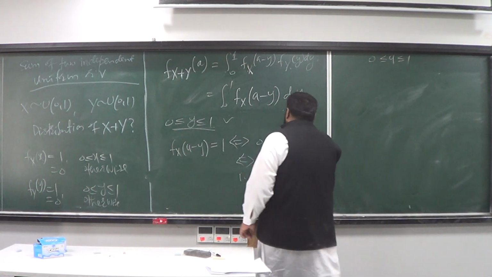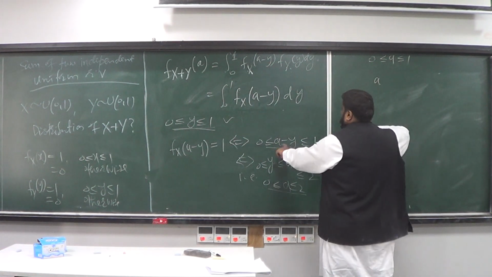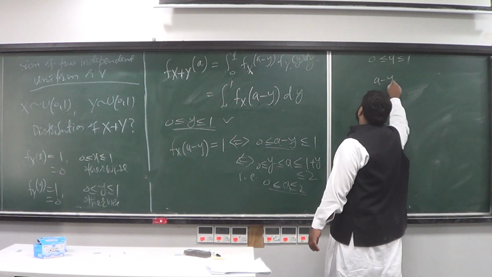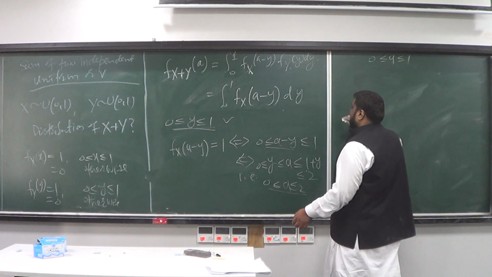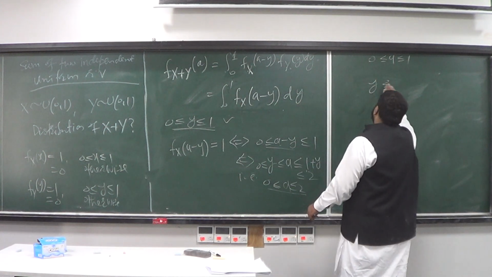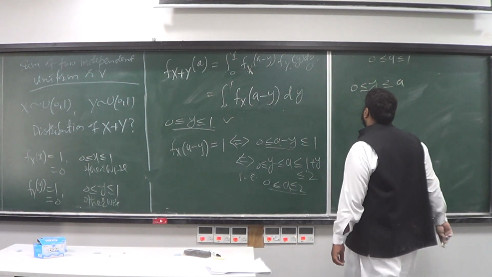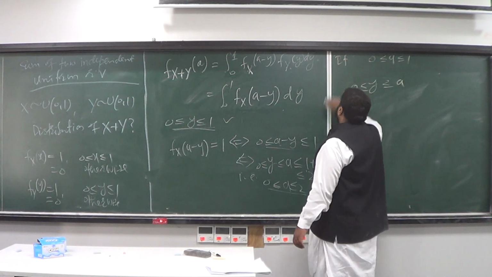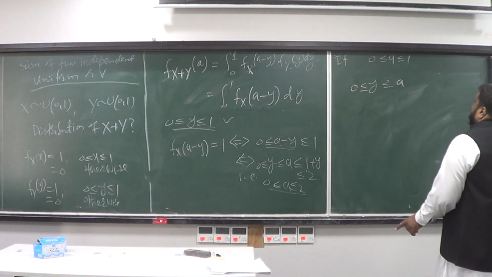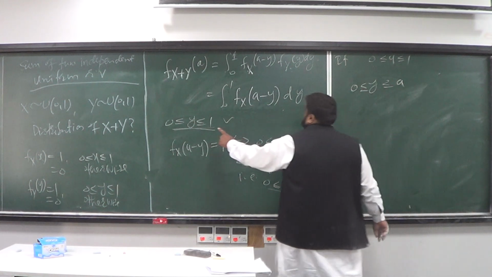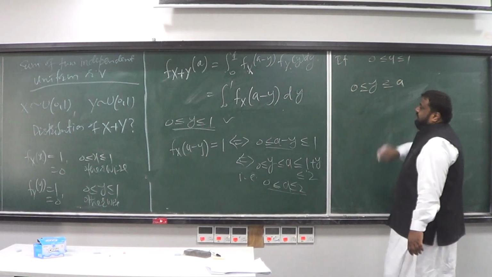Now if you think about this constraint, a minus y bigger than or equal to 0, what you can deduce from here is that y is less than or equal to a. But y is also bigger than or equal to 0. So case 1, if a is between 0 and 1, then y would be between 0 and a.